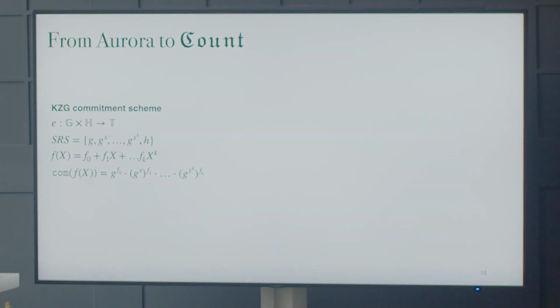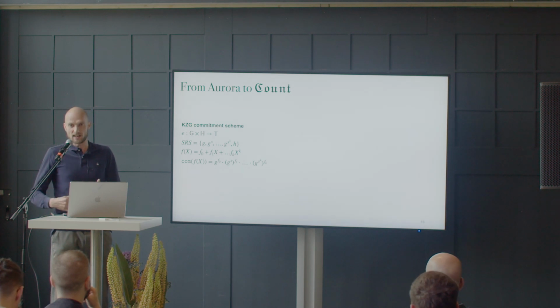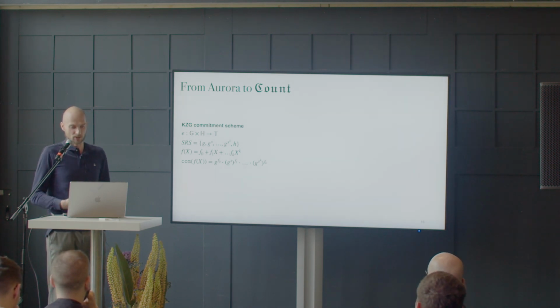Good. Now let me go into Counting. Before that, I would like to say something about the KZG commitment scheme, which you probably know. In KZG, we need a trusted setup, the SRS. It's a number of group elements, g^s up to g^(s^k), where k is the biggest degree a polynomial we commit to can take, and some element h in the second group.